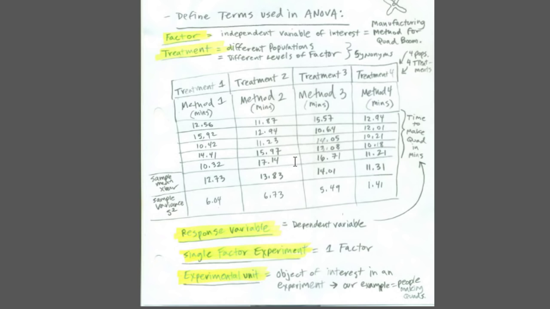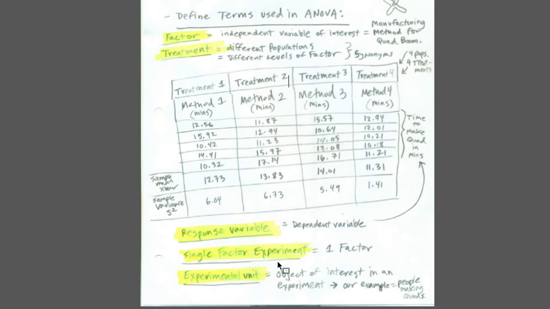Each one of these methods has its own population, so there are 4 populations. But we call it treatment. So instead of population 1, population 2, population 3, we're going to say treatment 1, treatment 2, treatment 3, treatment 4. Not only that, but instead of saying dependent variable, which is our time to make the quads in minutes, we're going to call that the response variable.